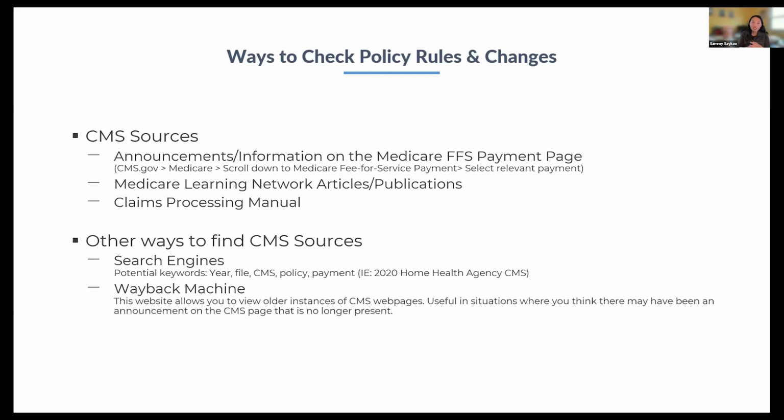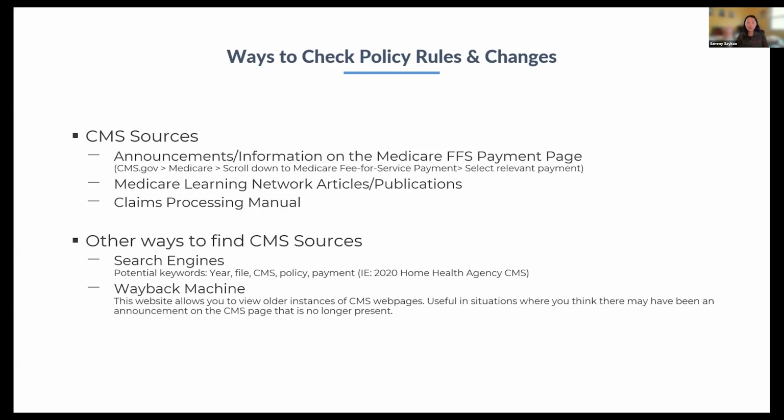There's also the Wayback Machine. This is a website that archives websites from all over the internet, but in terms of CMS, it lets you look at older instances of CMS web pages. This is really useful in circumstances where you think maybe there was an announcement on a page that's no longer present.